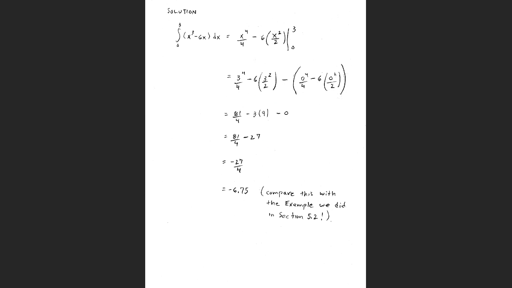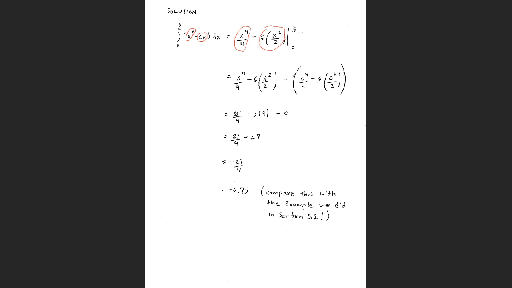Okay, so what I'm going to do first, of course, is find the antiderivatives. The antiderivative of x cubed is just x to the fourth over 4. And then the antiderivative of 6x is just 6 times x squared over 2.